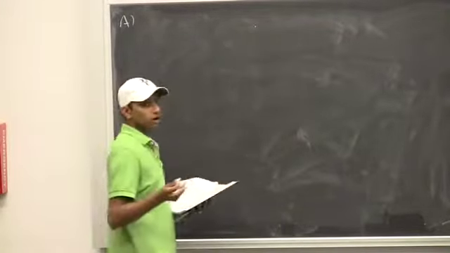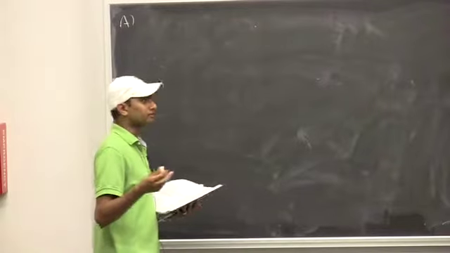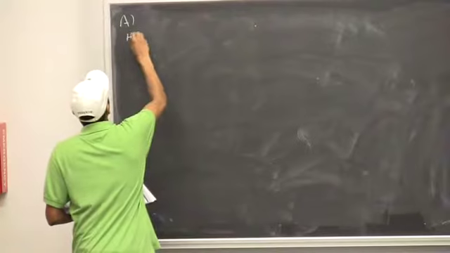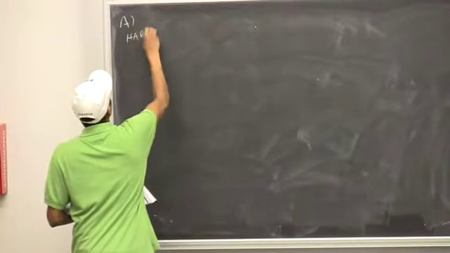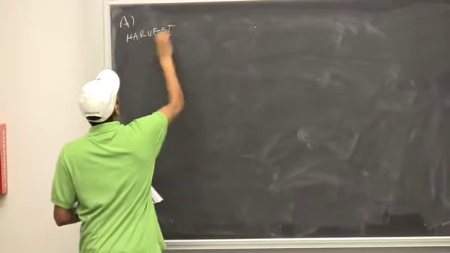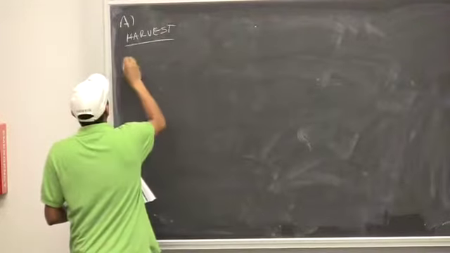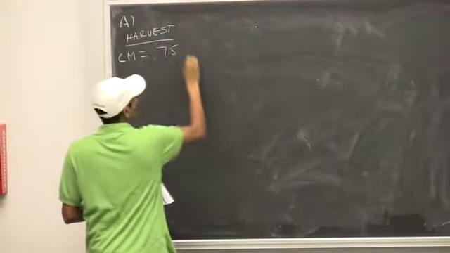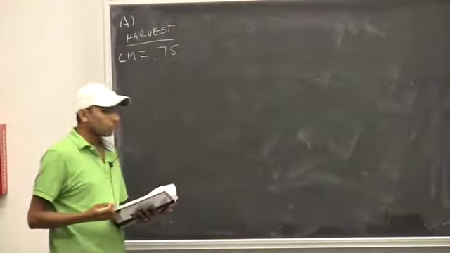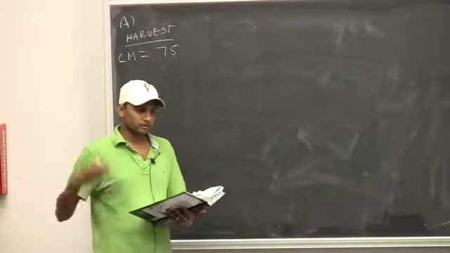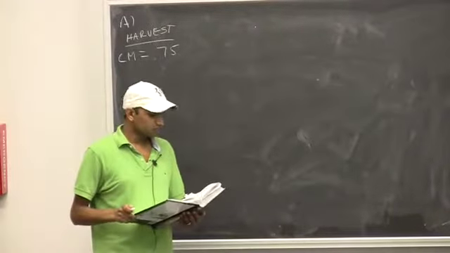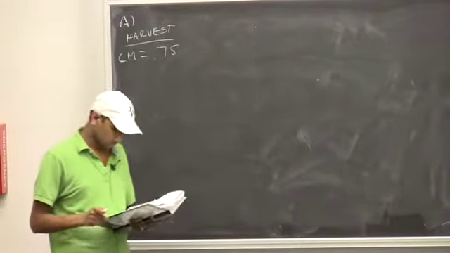So let's see what their contribution margin is if they do sell it at 75. So their selling price is 75. When I say contribution margin, you're going to take into account variable costs, right? So what are their variable costs for the harvest division?